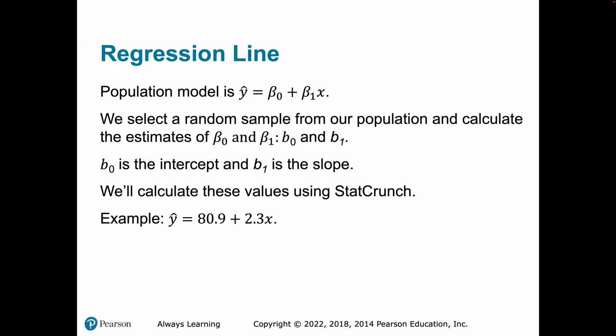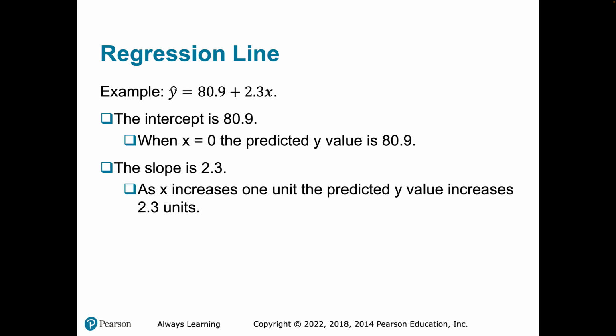So an example of a regression model may be y hat, the predicted value for y, is equal to 80.9 plus 2.3x. The intercept is 80.9. The interpretation tells me that when x is equal to 0, the predicted y value is 80.9.